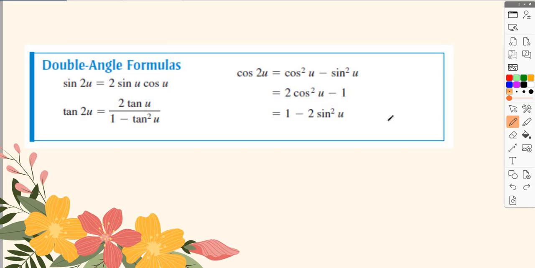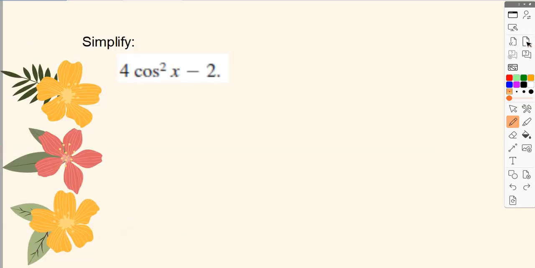Let's look at an example. So one way that we can use these identities, just like we've been using our other identities, is to simplify stuff.